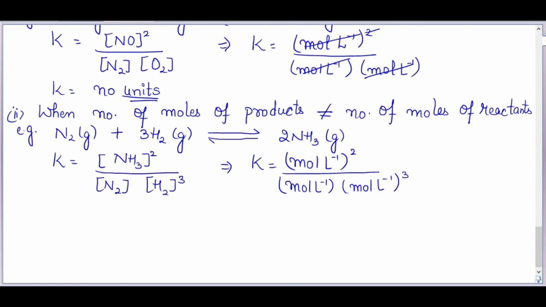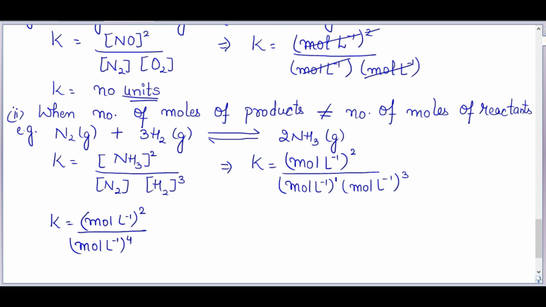So I know that here I am having only one power, right? And these powers are in multiplication, so definitely I'll add the powers. So 1 plus 3, that means 4. So K equal to mole liter inverse square divided by mole liter inverse power 1 plus 3, 4.